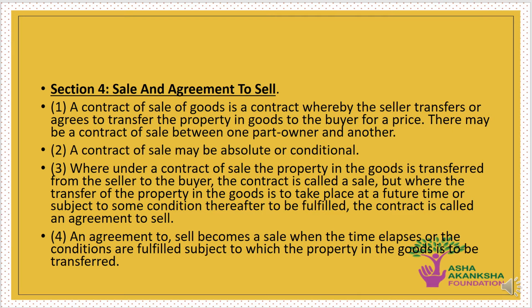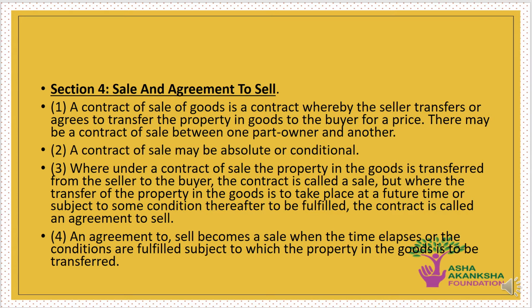Section 4. Sale and agreement to sell. Section 4 states, clause 1: a contract of sale is a contract whereby a seller transfers or agrees to transfer the property in goods to the buyer for a price. There may be a contract of sale between one part owner and another. Clause 2: a contract of sale may be absolute or conditional.